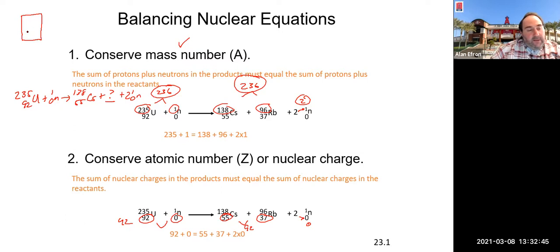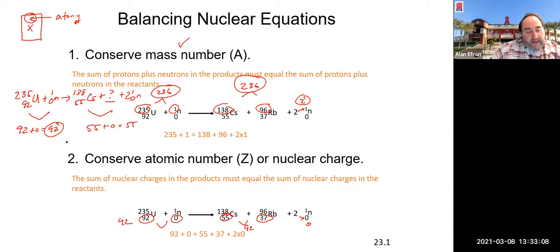When we look at the periodic table, you can find the atomic number there. So that's where you'd probably want to start. You would look on the left-hand side and say, I have 92 plus 0, which is 92 for my atomic number. You would look on the right-hand side and say, I have 55 plus 0, which is 55.